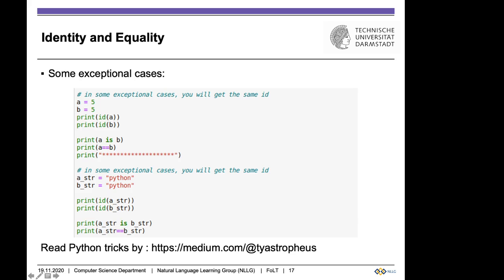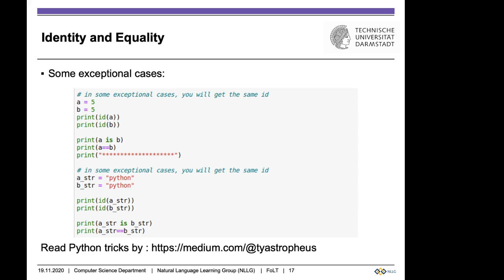Now we look into different examples. If we assign two variables the same value of a number or a string instead of a list, then the addresses of them will be the same. For example, if we assign a and b to the same value of 5, then we print the addresses of a and b, we can find that the addresses of them are the same.